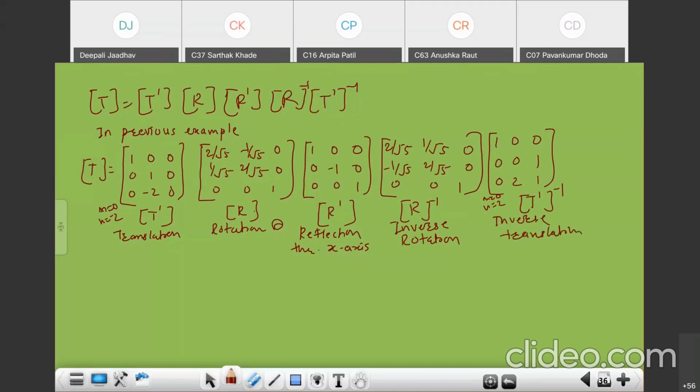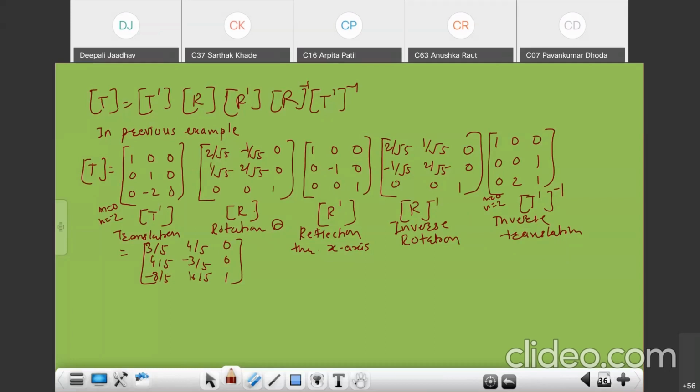And then we can concatenate all these transformation matrices together. The result is 3 by 5, 4 by 5, 4 by 5, minus 3 by 5, minus 8 by 5, 16 by 5, 0, 0, 1. That is the entire transformation matrix.